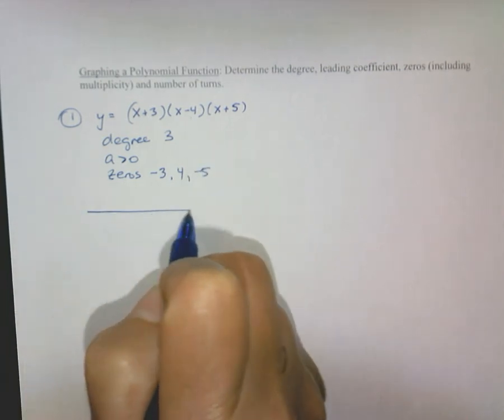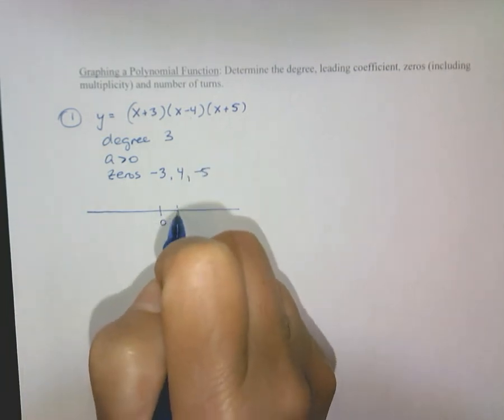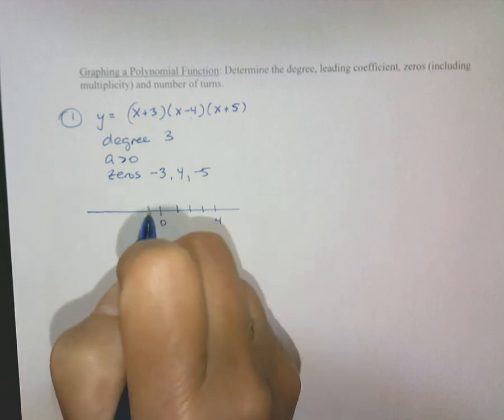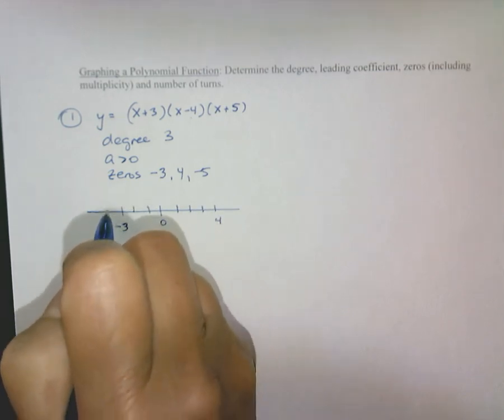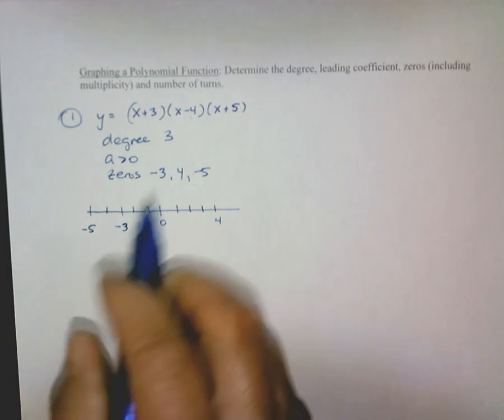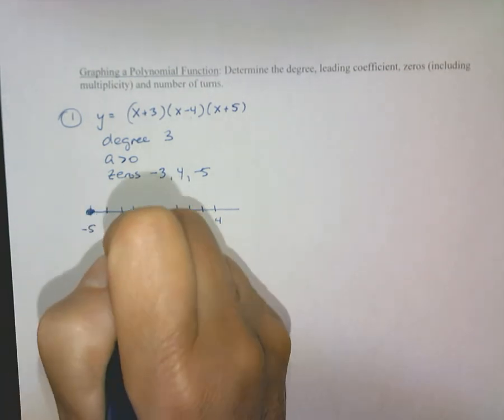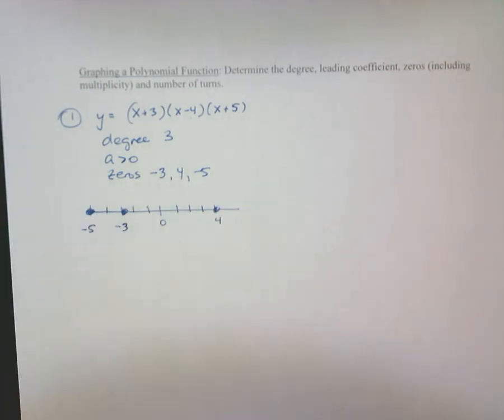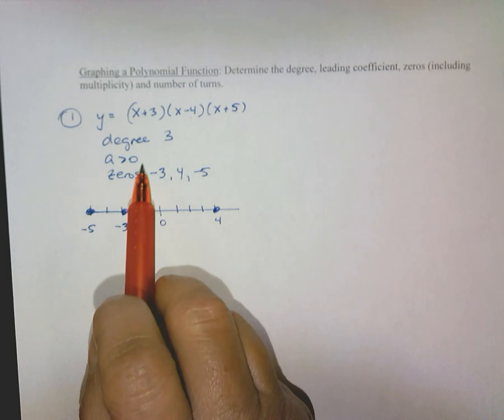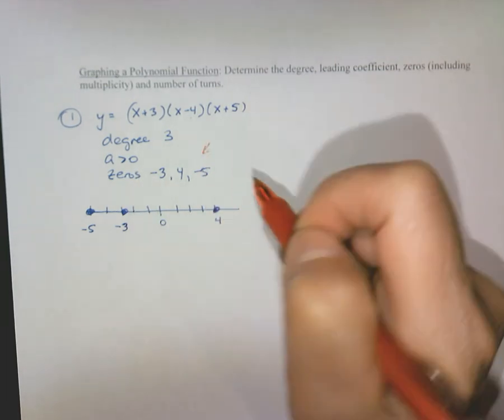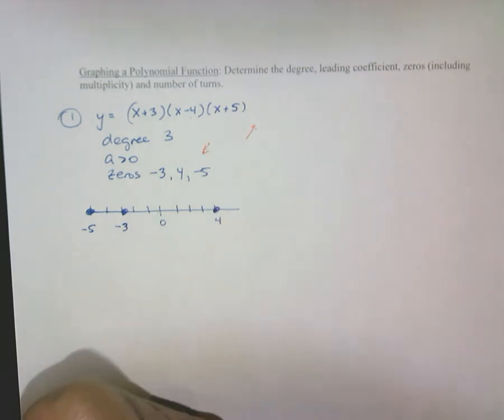So I'm going to just draw a number line. I'm not going to worry about putting all the numbers on it. I'm just going to put the ones I need. I'm going to mark all of these. So this is a degree of 3. It's an odd degree, so I know it starts down here. It's going to end up here.